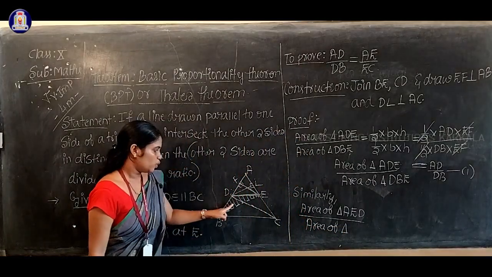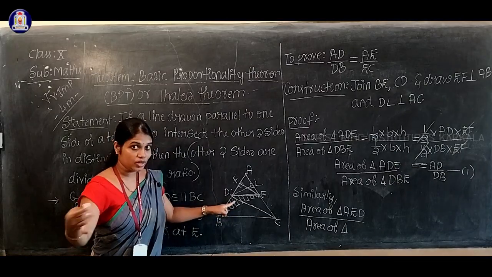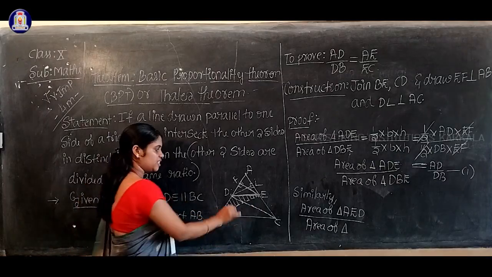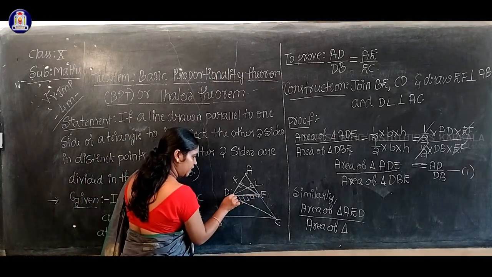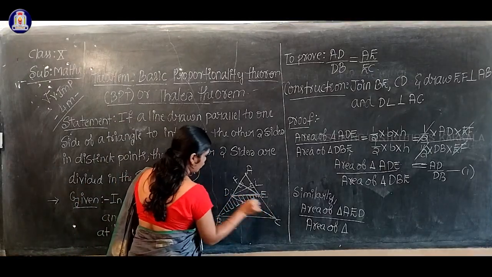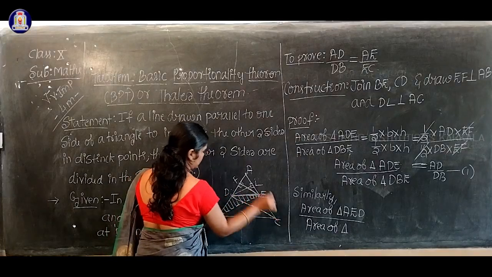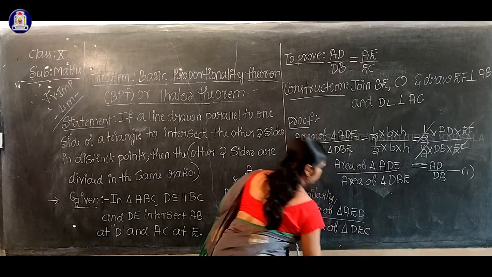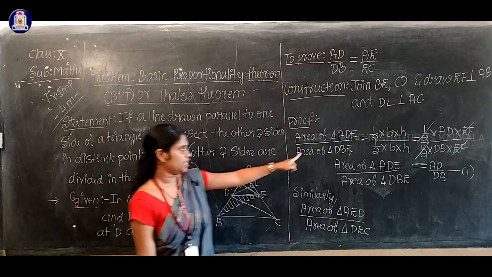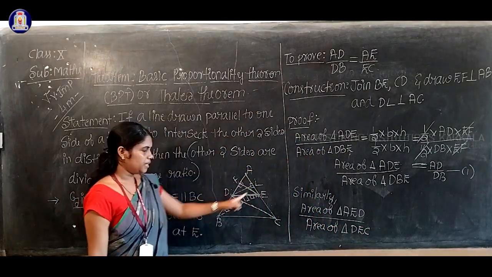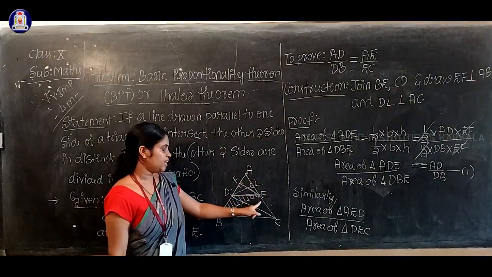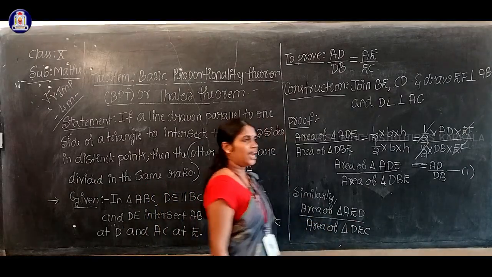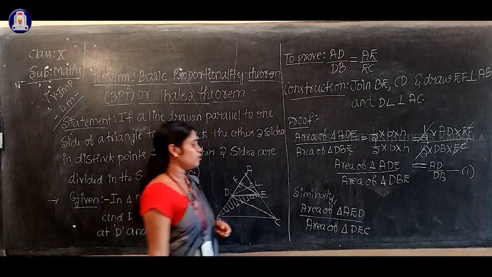The lower shaded triangle is already considered. Now consider the unshaded triangle. What is that unshaded triangle? DEC. First we considered the shaded triangle DBE, now consider the unshaded triangle, that is DEC. Again the same process will follow here.